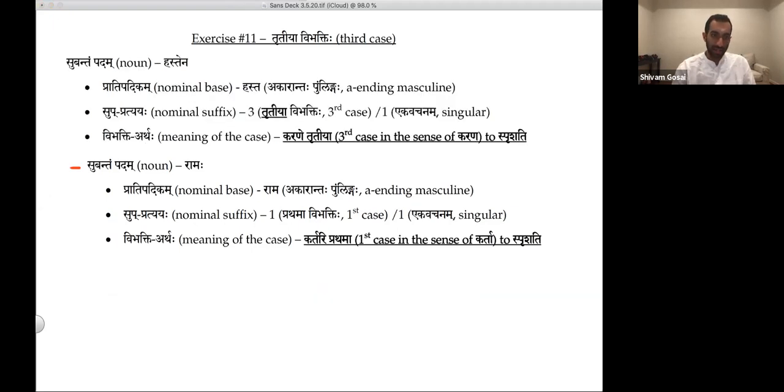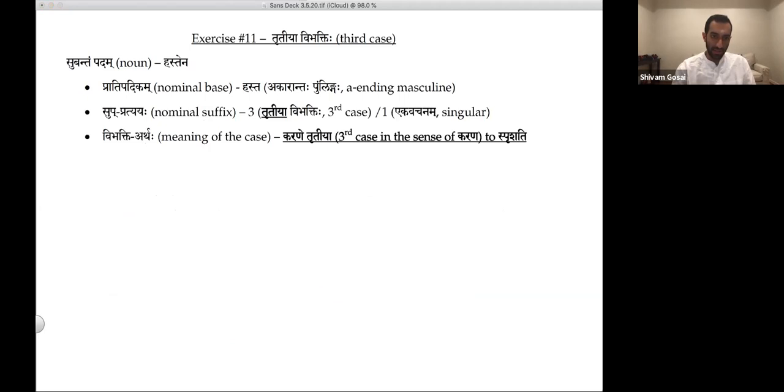Last thing here, okay, so let me hide these things, is hastena, right? Hasta, akaranta pullinga, ending masculine, meaning hand. Supratya is tritiya vibhakti ekavachanam, 3-1. Meaning is karane tritiya, right? Because here we're in kartari prayoga, so we know it can't be kartari tritiya, because kartari tritiya is only in karmani prayoga.